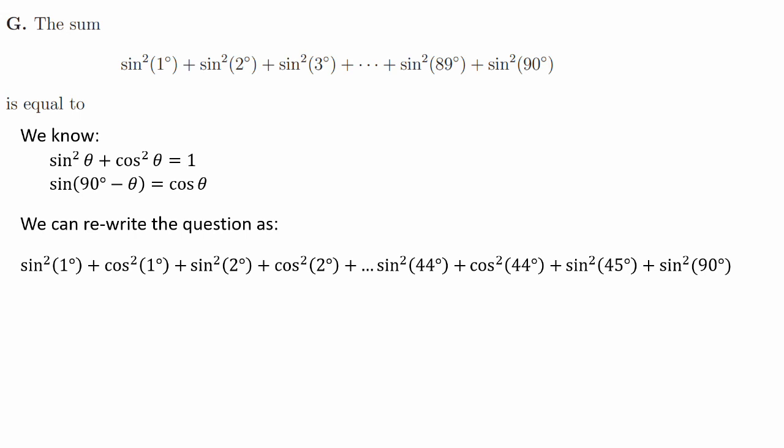This gives us 44 pairs, but we still have to account for sine squared of 45 degrees plus sine squared of 90 degrees. The 44 pairs gives us 44, and sine squared of 45 degrees is 1/2, and sine squared of 90 degrees is 1, thus giving us a total of 45.5 as our final answer.